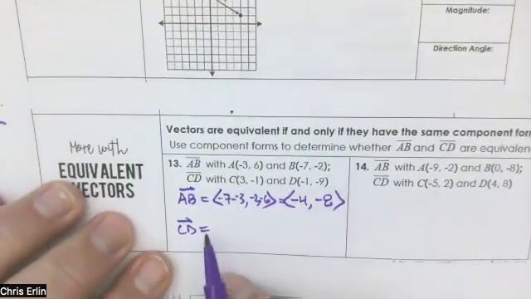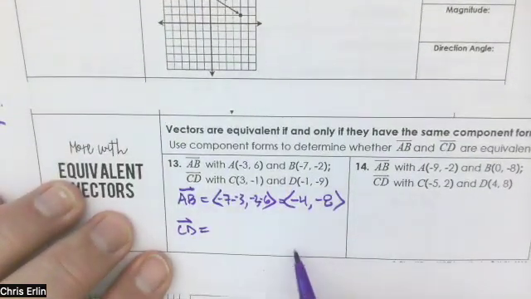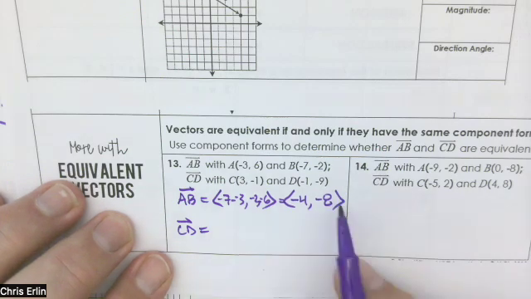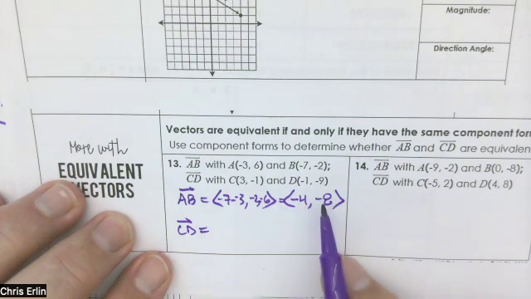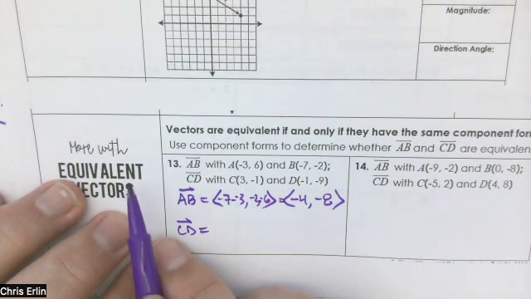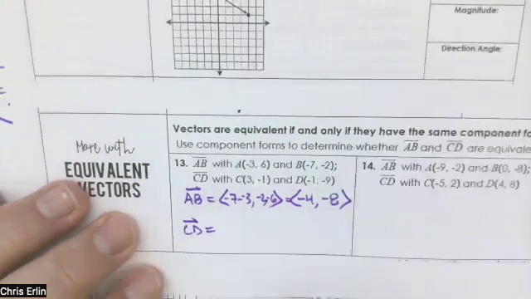So what would we expect CD's point here to be if they're equivalent vectors? Yeah, -4, -8 should be the same. Right? We wouldn't need to do magnitude and direction because it'll show us with these two values exactly the same thing for it to be equivalent. It could be parallel and go in a different direction.